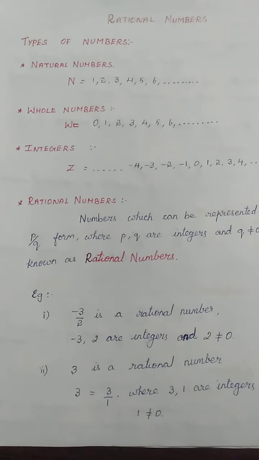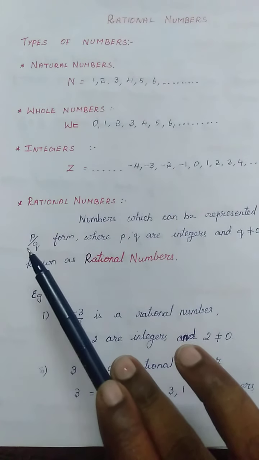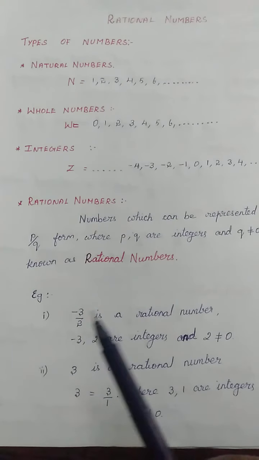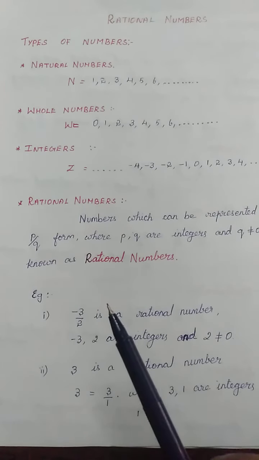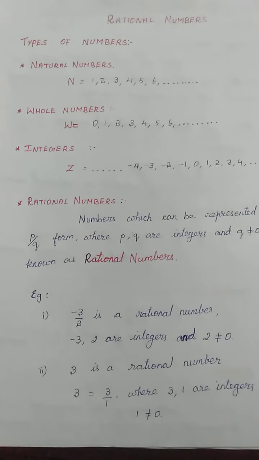So I think you're clear with rational numbers. Again, rational numbers are numbers in the form of P by Q, where P and Q are integers and Q does not equal 0. So any such number can be represented as a rational number.